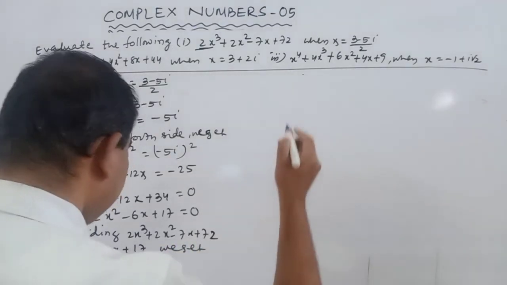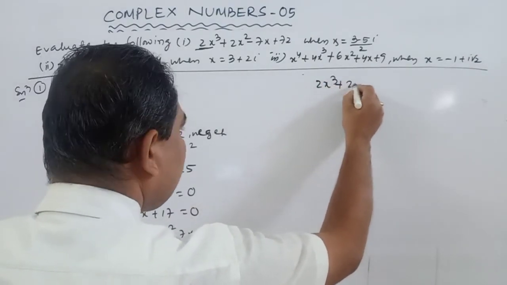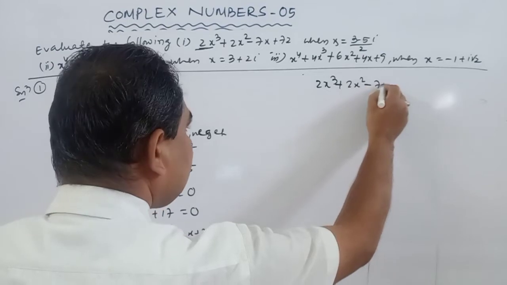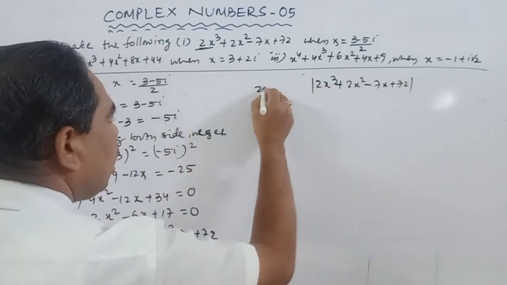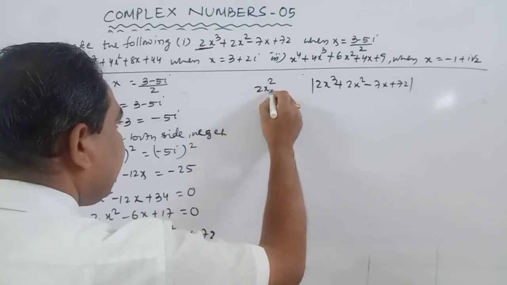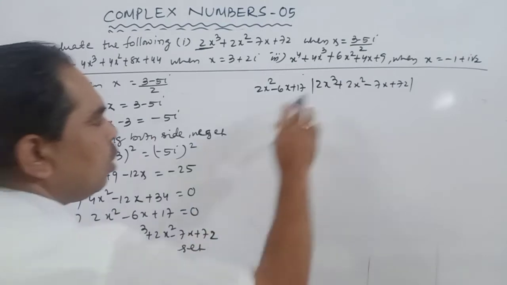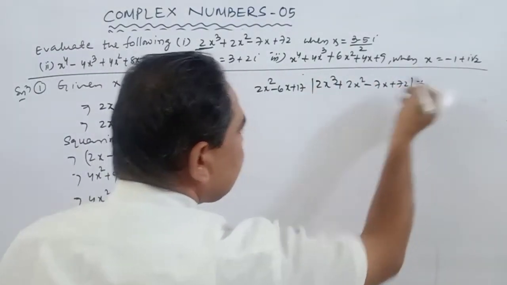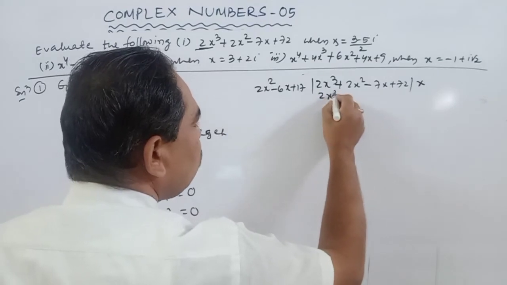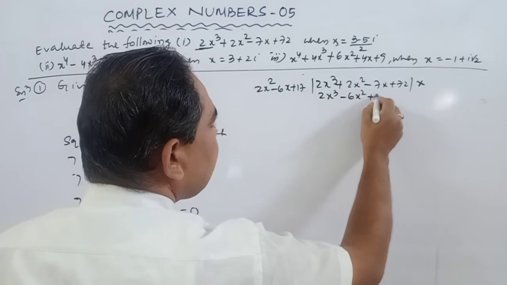Let's check. 2x cube plus 2x square minus 7x plus 72 divided by 2x square minus 6x plus 17. Here 2x cube, here 2x square, so x is there. So x times the divisor is 2x cube minus 6x square plus 17x.